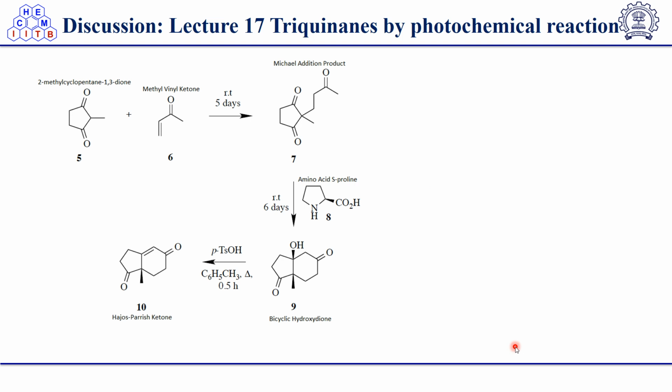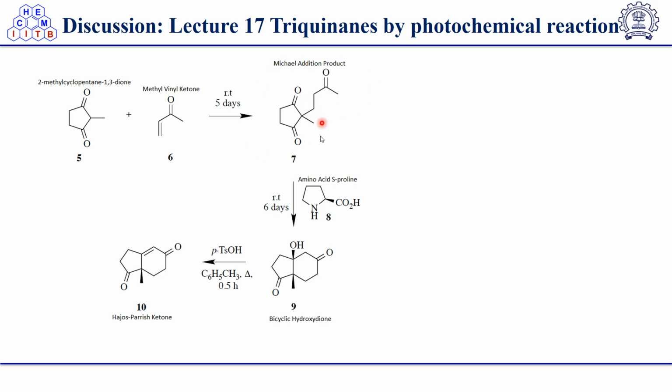So this is the formation of this Hajos-Parrish ketone. That is, it is actually a Robinson annulation reaction taking place after this Michael addition product. So here we have 2-methylcyclopentane-1,3-dione and methyl vinyl ketone. This will undergo addition at this position, that is Michael addition, and it will give this compound.